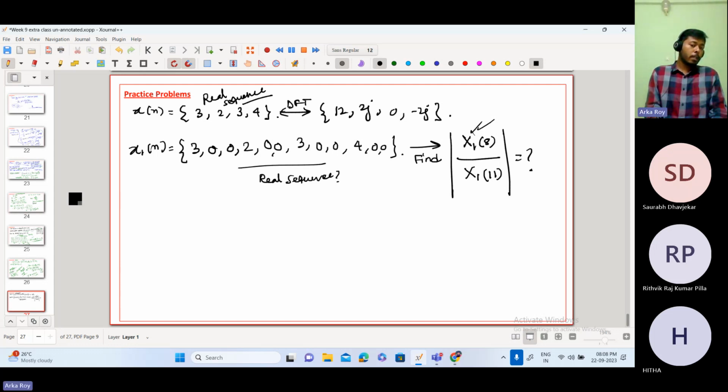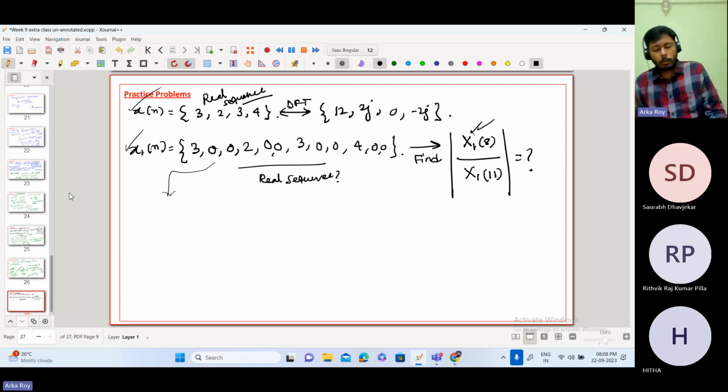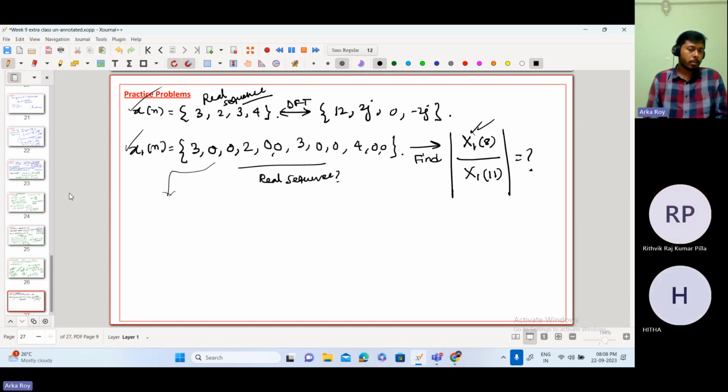So can you tell me what is the relation between these two signals, x1[n] and x[n]? This has been covered in week 4 or 5, I guess, in multi-rate signal processing.